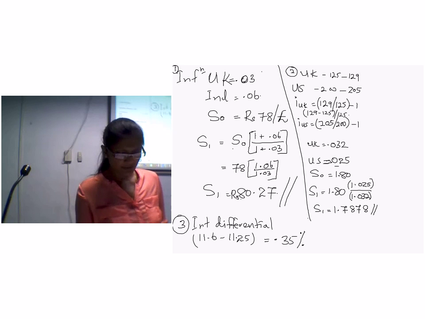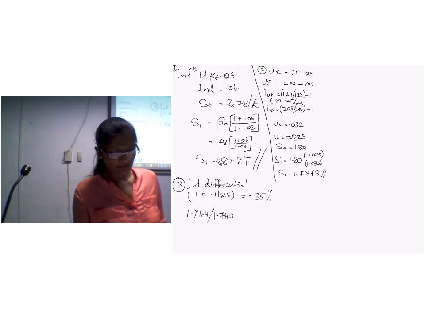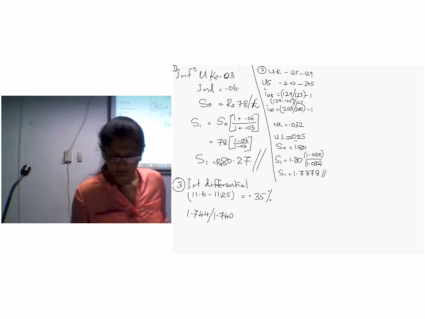The forward rate should be 1.744, and we divide from the spot rate, 1.740. These are all for 3 months. Sorry, it should be a deduction: from the forward, we have to deduct the spot rate, then divide by the spot rate.